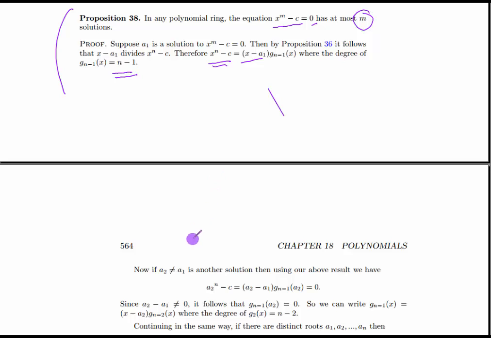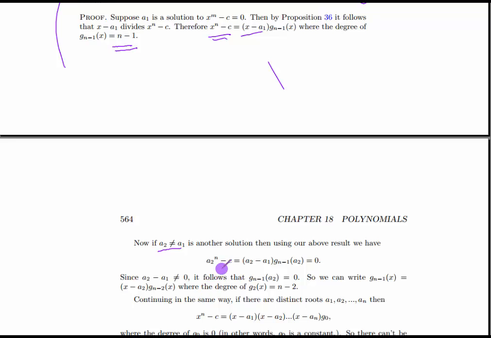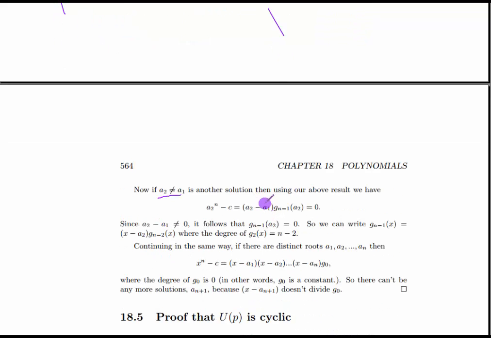Now, if we continue this process, if a2 is another solution, then using our above result, we would have a2 to the n minus c, and we plug this into this expression for x to the n minus c. And if a2 is not equal to a1, then this factor is not 0. So the other factor must be 0.